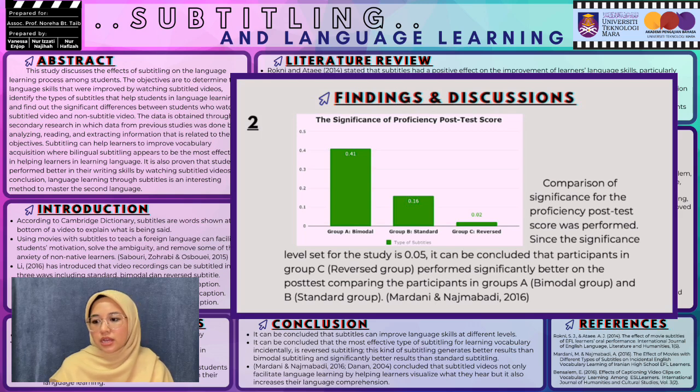It can be concluded that the participants in the reverse group performed significantly better compared to the standard and bimodal groups. This is because, as you can see on the graph, the significance for the reverse group is 0.02. Thus, it is near to 0.05. That is why it is more significant compared to the other groups.